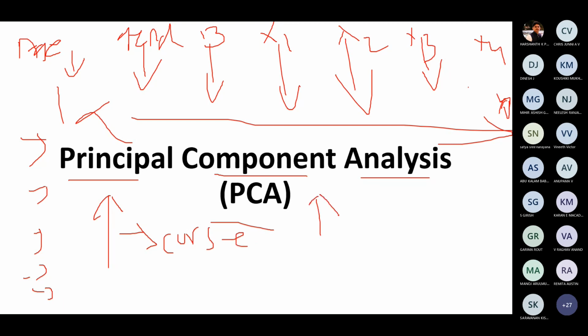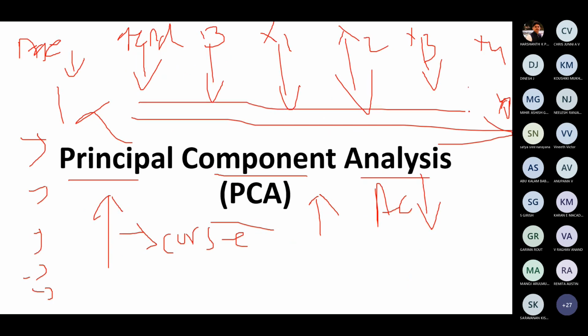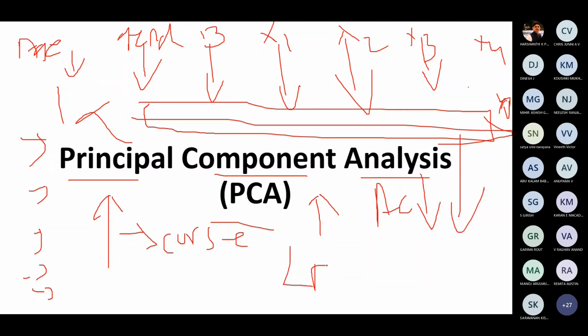As the number of dimensions increases, there is a possibility that accuracy decreases, because more and more dimensions get added. So we convert these dimensions into lower dimensions, such that the accuracy is not affected.